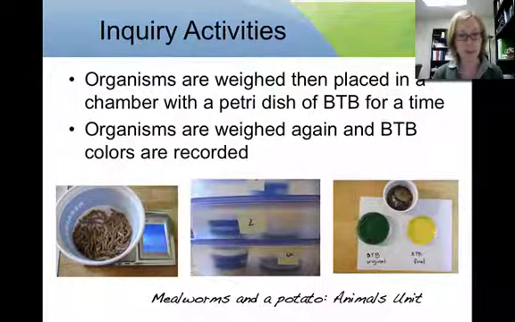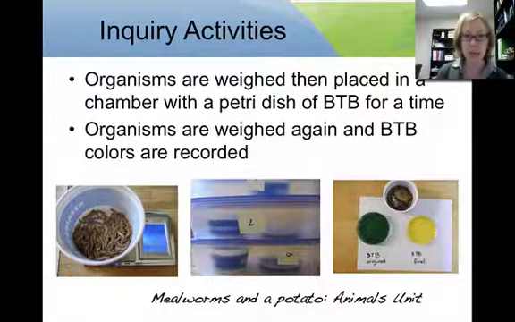So, for example, in the animals unit, what you would do is have the students weigh the mealworms and a potato, and then they're placed together in a little container, and then both are placed in a sealed container with a petri dish of BTB. And then after a certain amount of time, the mealworms and potato are weighed again, and the color of the BTB is compared to the original color.